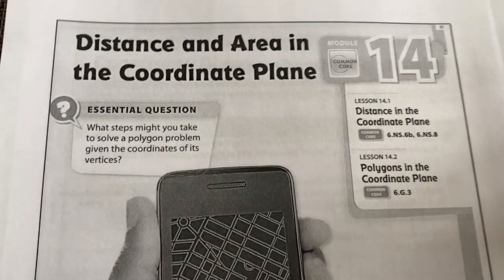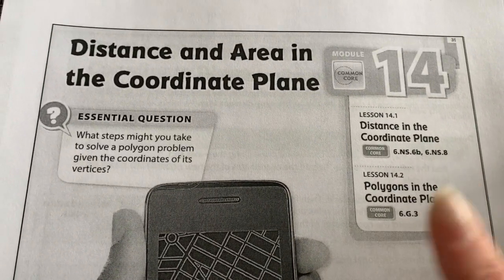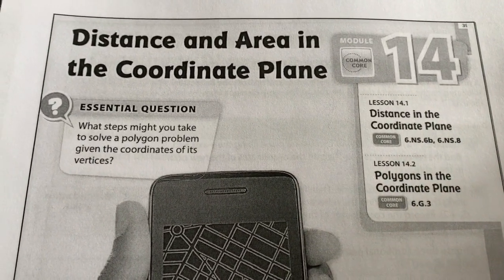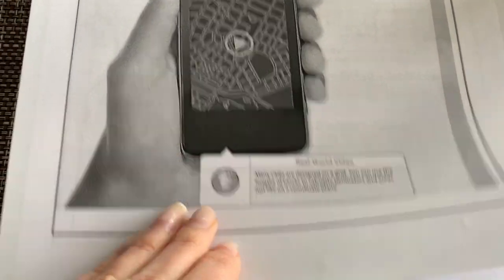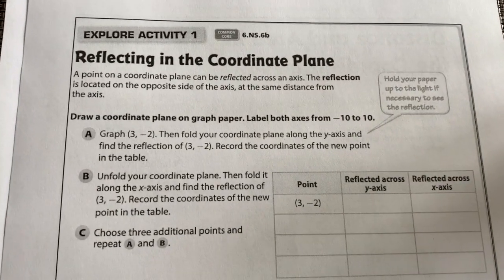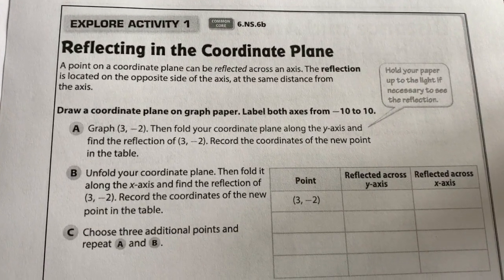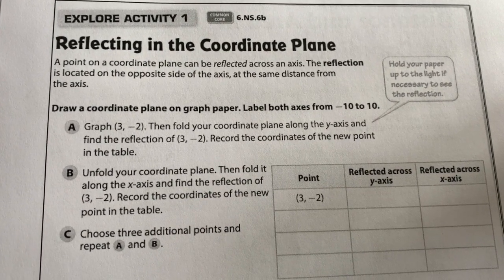Okay, so for Module 14, we're going to begin with 14.1, distance in the coordinate plane. And then after that, only one more lesson, polygons in the coordinate plane. Okay, so let's begin. This explore activity is kind of fun. I'm not going to do it with you guys, but if you would like to try it, it's reflecting in the coordinate plane.